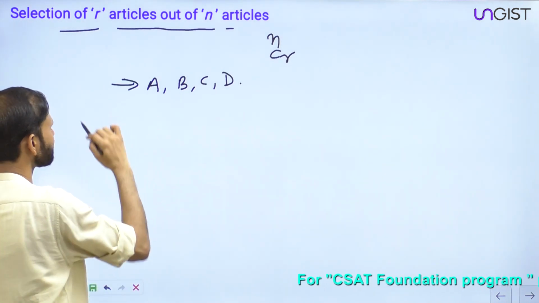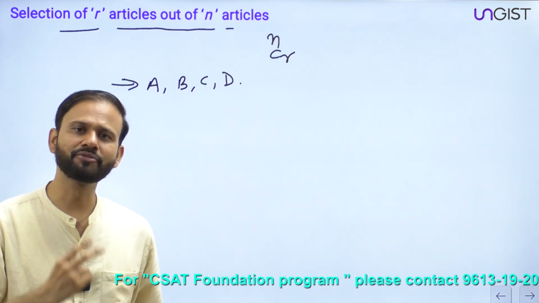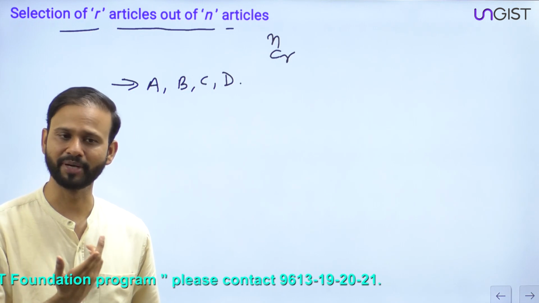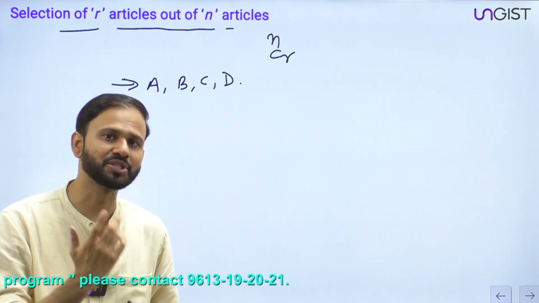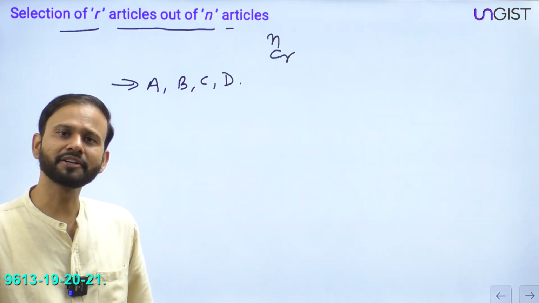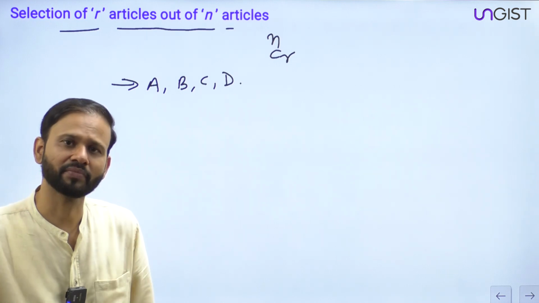But the problem is, if you have 4 alphabets and I say give 2 alphabets to me, you will get confused. Which 2 alphabets should I give to him?